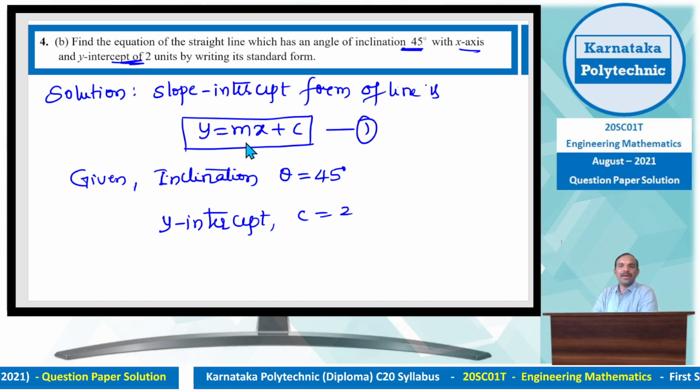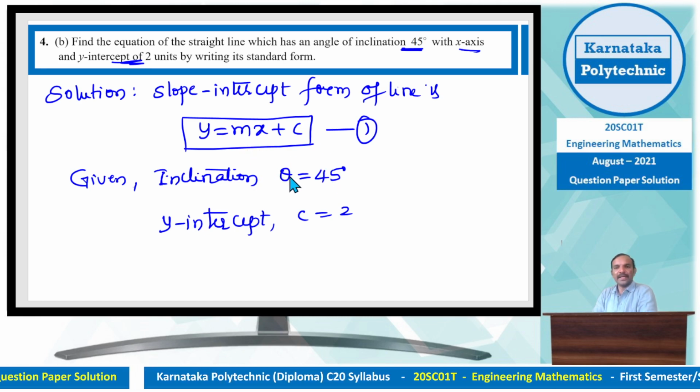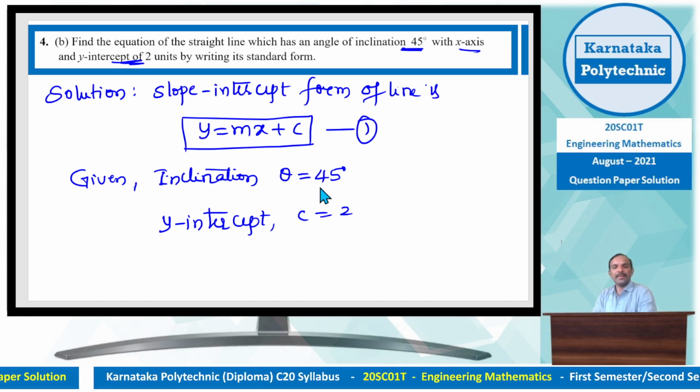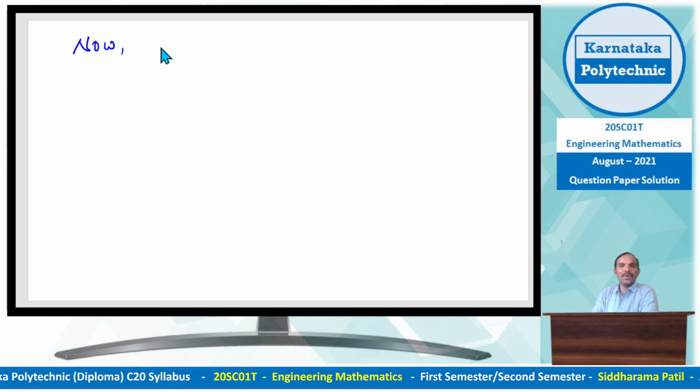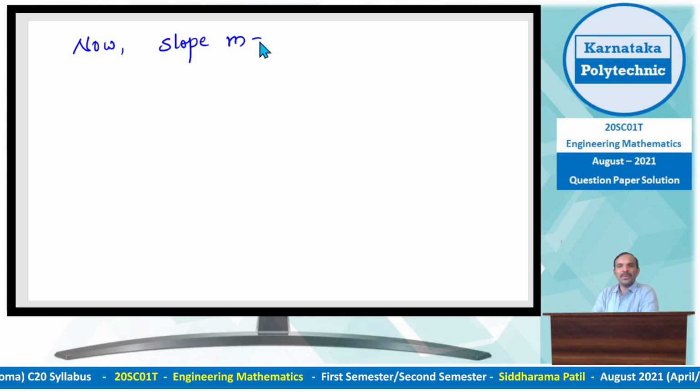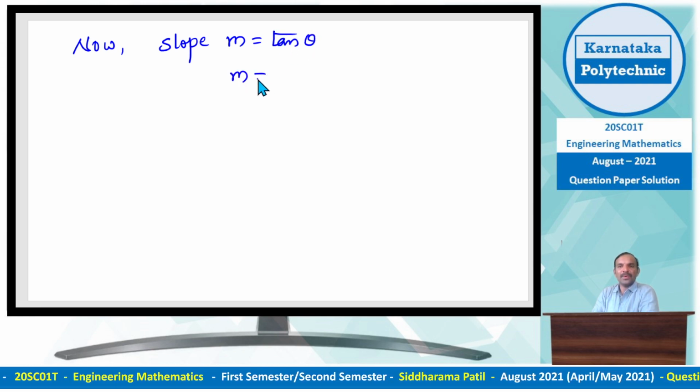Here m is not directly given, but inclination theta equal to 45 degree is given. By using this you have to find the slope. Now slope m equal to tan theta. m equal to tan 45 degree.